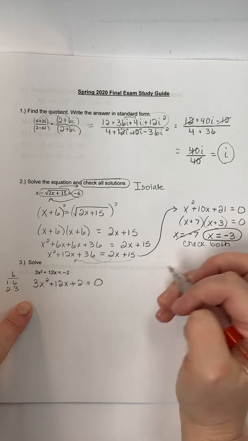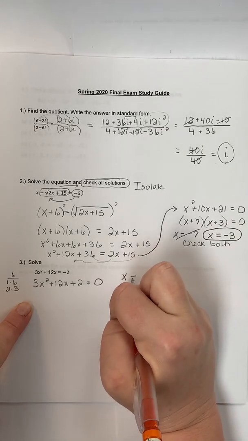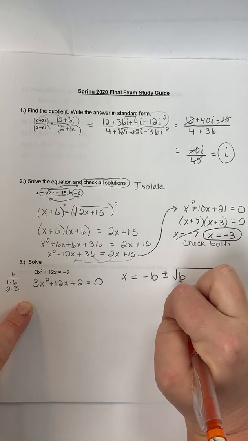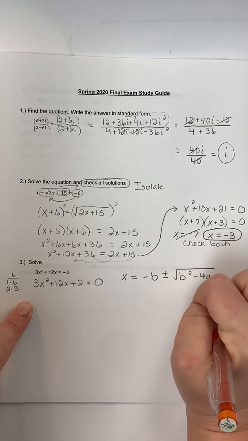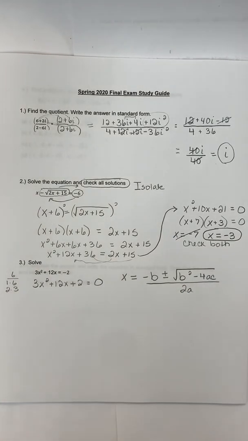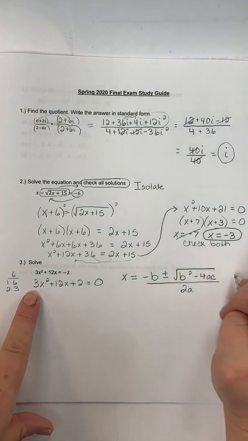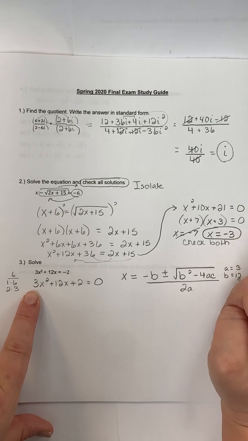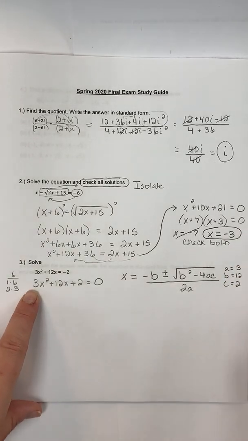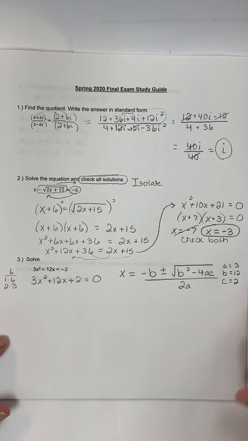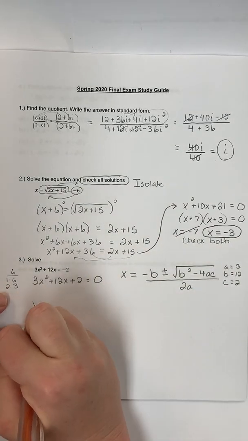Okay. All right, so if you recall, your quadratic formula looks like this, right? Okay, and then my A is 3, my B is 12, and my C is 2, okay? Now all I'm gonna do is plug it in and see how far I can go.